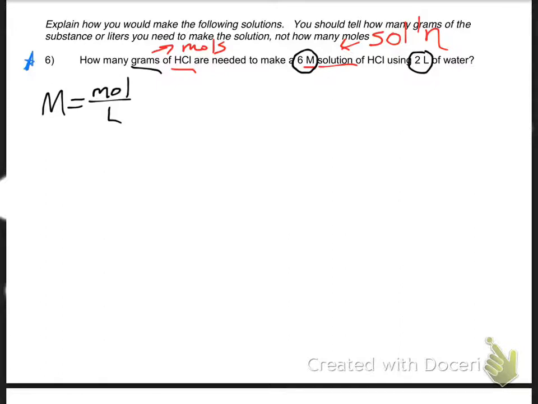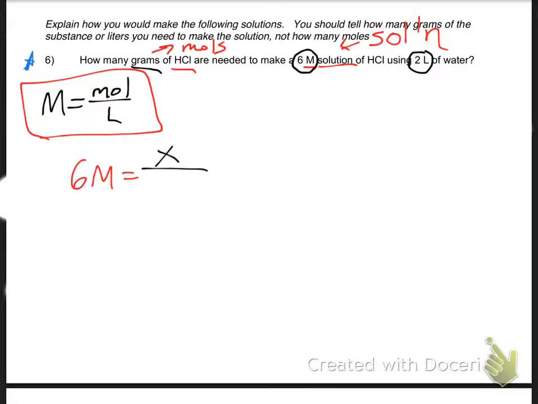So I'm going to show this in two different ways, and you can write the notes based on which way you like better. So let's just say I only know this, and I just want to plug it in and solve. So molarity equals moles divided by liters. And I plug in what I know. 6 molarity equals, I do not know moles, so I'll just put an X divided by liters. There's 2 liters.